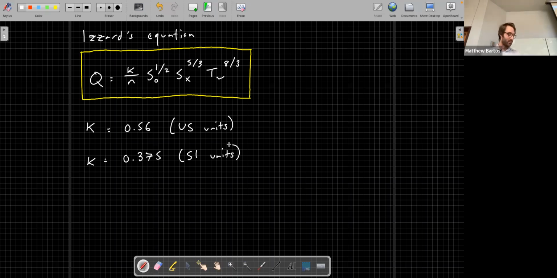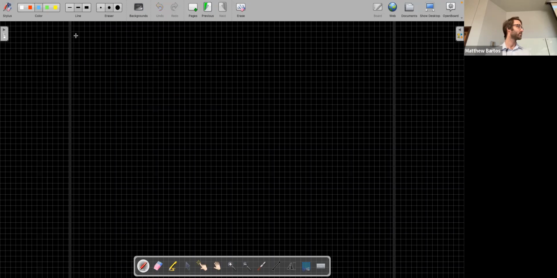So I'm going to give you an example problem to work on to apply this. Let's do a little design here. Consider a simple gutter.